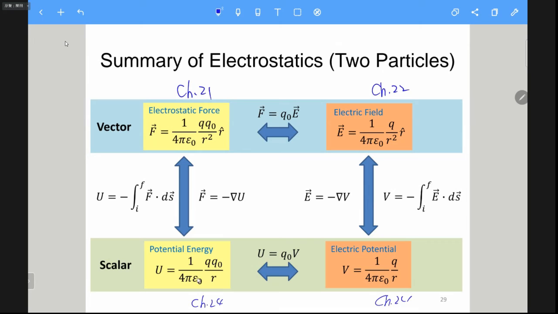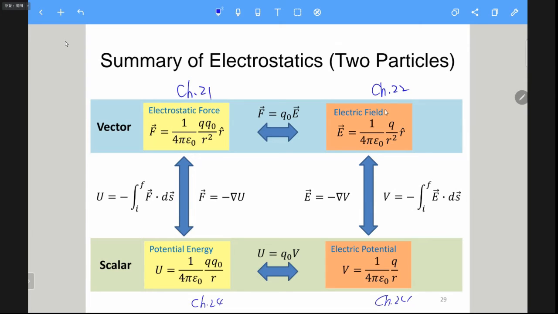Here we have all three expressions with K in the front, 1 over 4 pi epsilon naught. For electrostatic force, we have Q times Q0 over R squared. For potential energy, we also have Q times Q0 but over R rather than R squared.